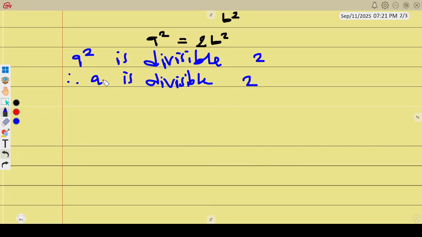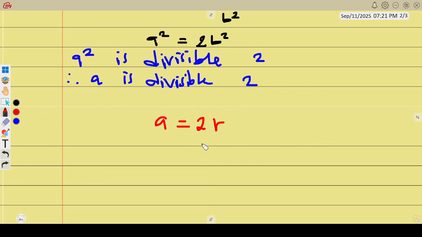If A is divisible by 2, this means that we can write A as a multiple of 2. You just pick any letter, so we can pick R. A is equal to 2R, simply meaning that A is a multiple of 2.